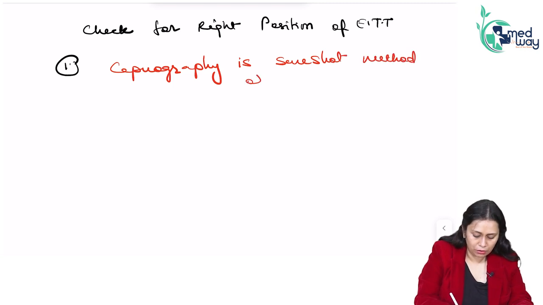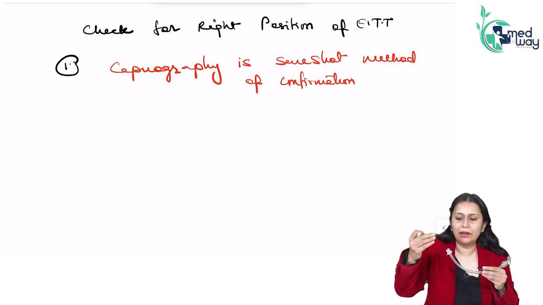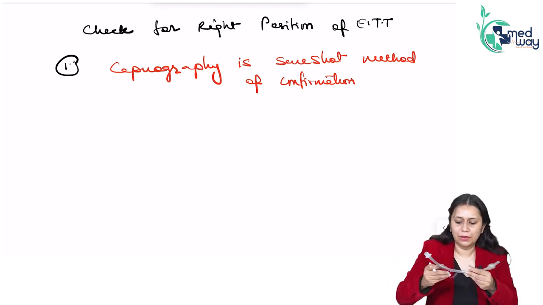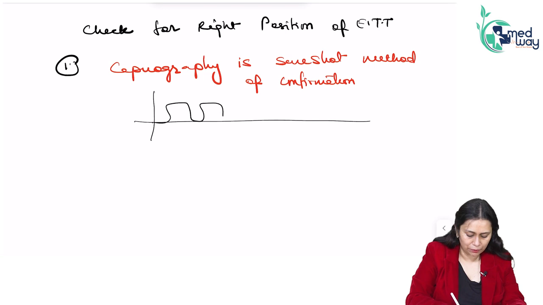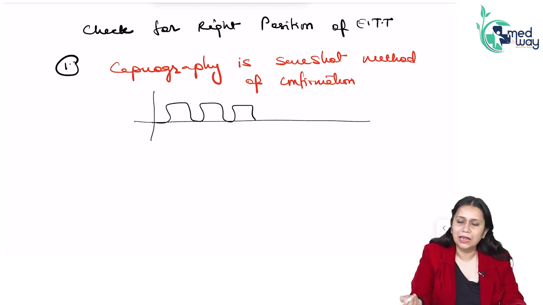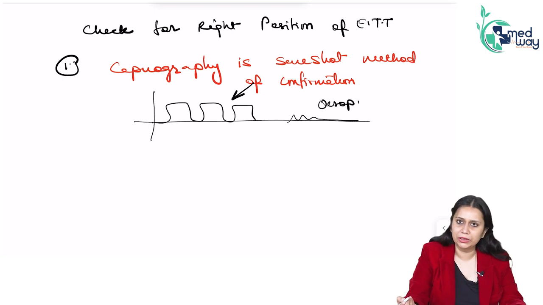We attach the capnograph between the circuit and the ET tube, and if we get a proper graph like this, then it is 110% confirmed the tube is at the right place. If we don't get a graph, then it is esophageal. If we get a graph, then it is tracheal intubation.